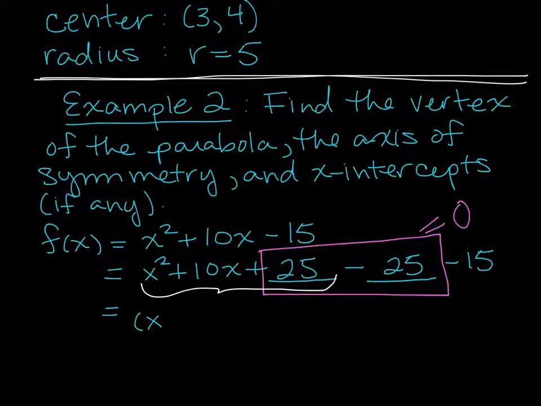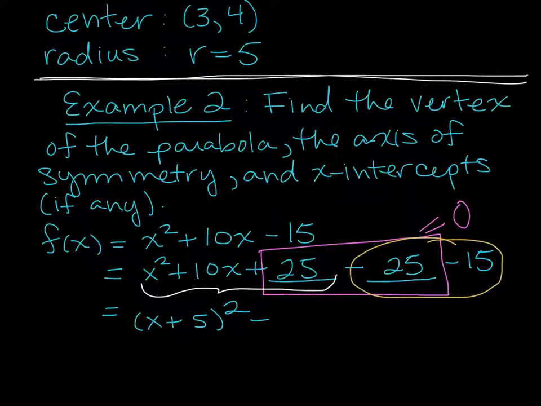So we have x plus 5 quantity squared. And now, to finish this off, we group our constant terms together. And so minus 25 minus 15 is going to give us a negative 40.